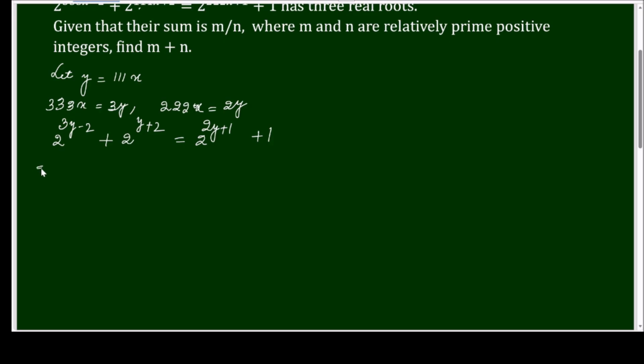So again this can be written in the form of 2 to the power 3y over 2 to the power 2, that is 4, plus 2 to the power 2 is 4, into 2 to the power y, equals 2 to the power 2y plus 1.